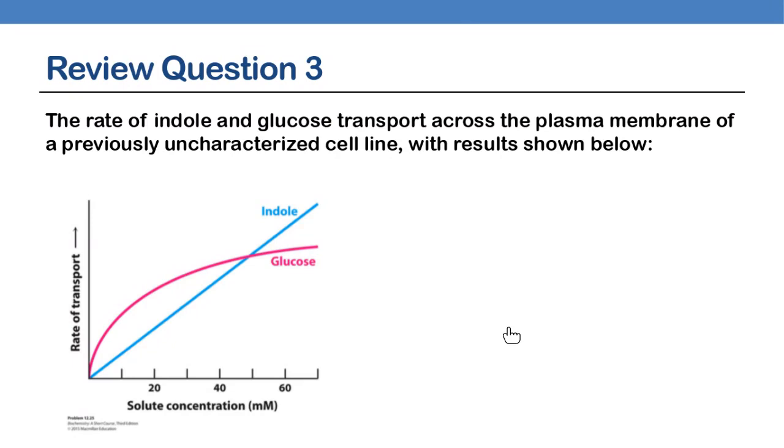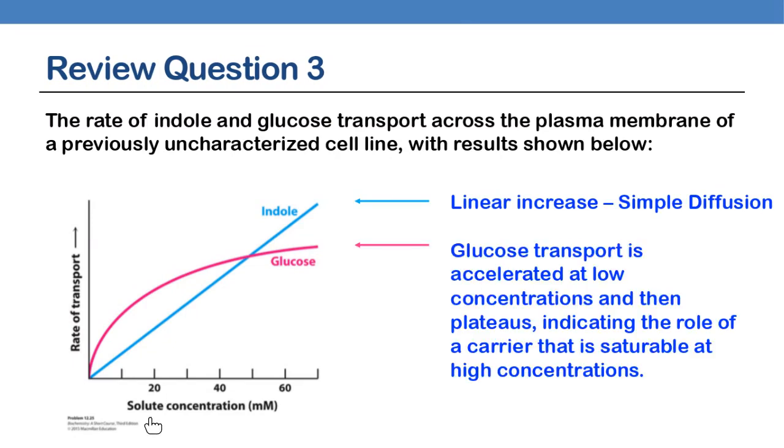So it's probably some sort of passive simple diffusion. And then for glucose, the more you add, you get a saturable effect. And someone just wrote, glucose is saturable because all sites are occupied. Perfect. Eventually you're going to saturate all the glucose transporters, so you're going to have facilitated transport.